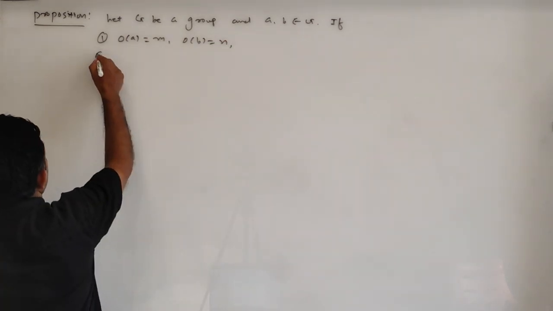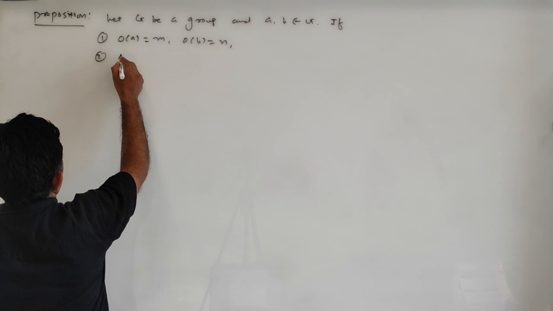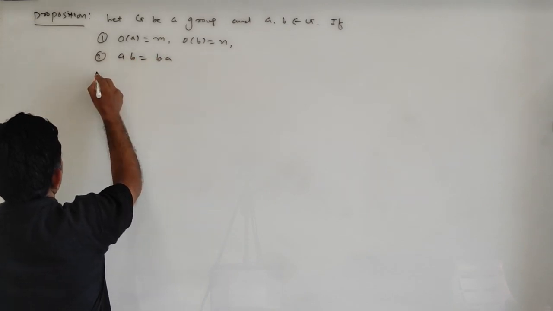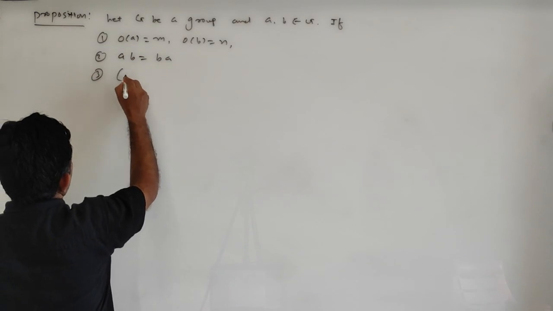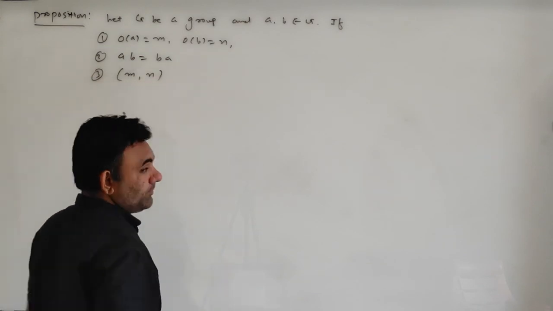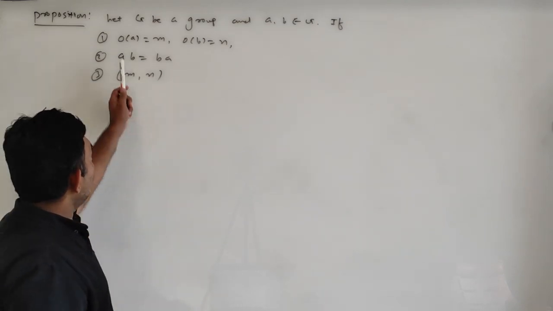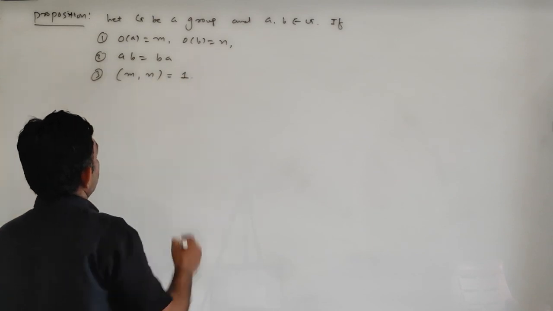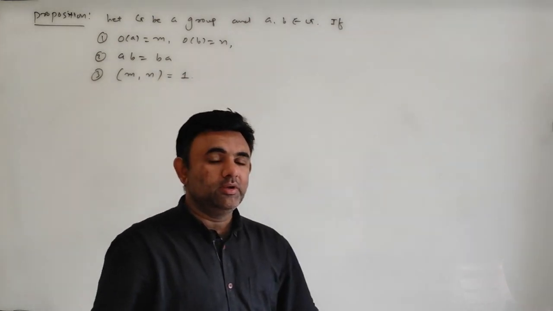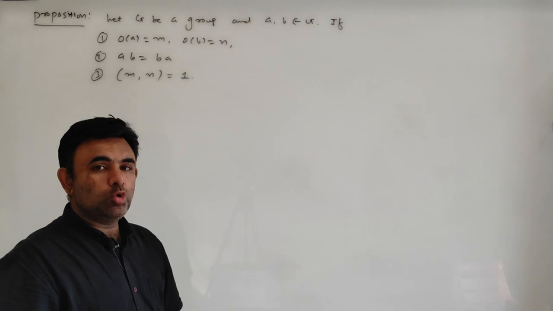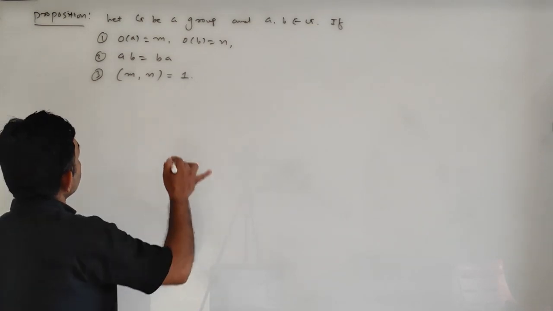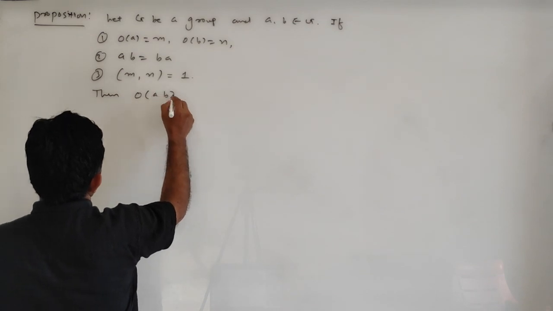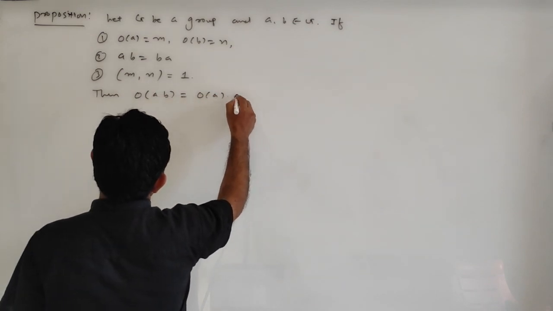Second thing, AB is equal to BA, and third thing, GCD of m and n, means GCD of order of A and order of B, is 1, means order of A and order of B are relatively prime, they are co-prime. Then order of AB is equal to order of A into order of B.